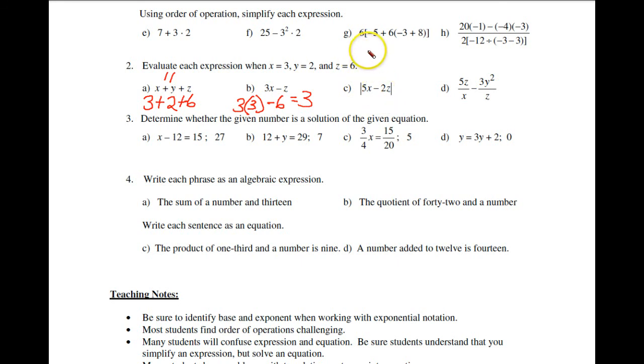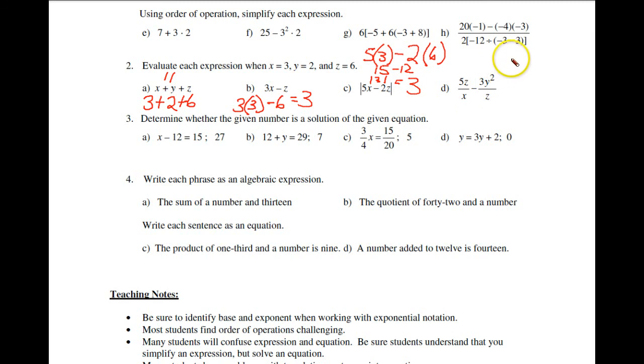We're going to do our substitution first. We're going to go 5 times 3, just substituting, minus 2 times 6. So this is going to be 15 minus 12 gives me the absolute value of 3, which is 3.